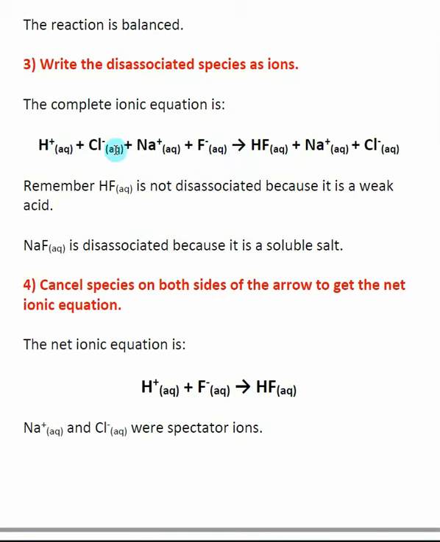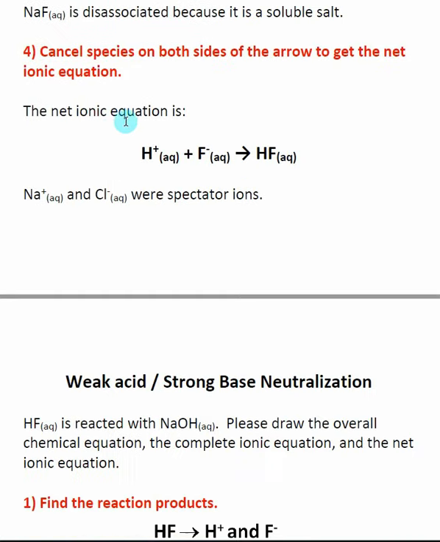Here I have a Cl minus that goes, and Na plus that goes. What I'm left with in my net ionic equation is that H plus and F minus react to become HF. So here, this is our weak base. Our weak base is reacting with H plus, and that is making our product, which is a weak acid. Once again, our spectator ions were Na plus and Cl minus.